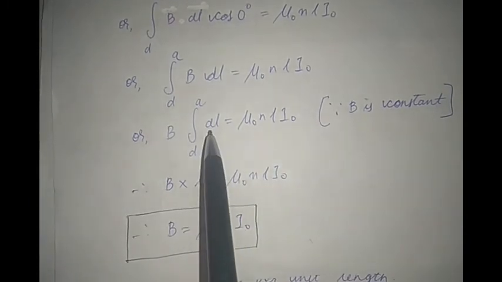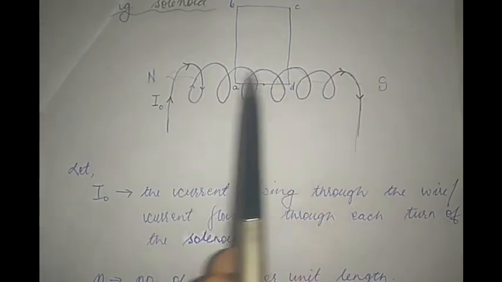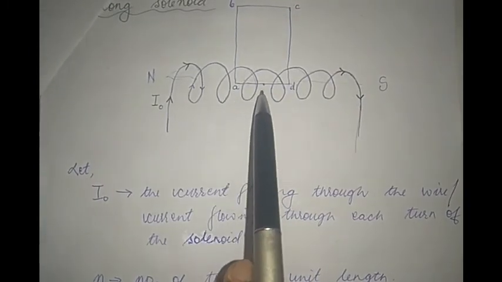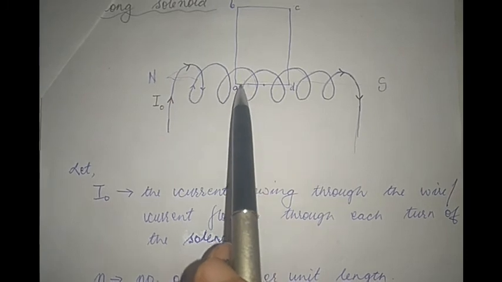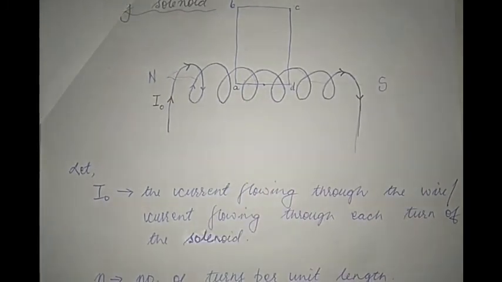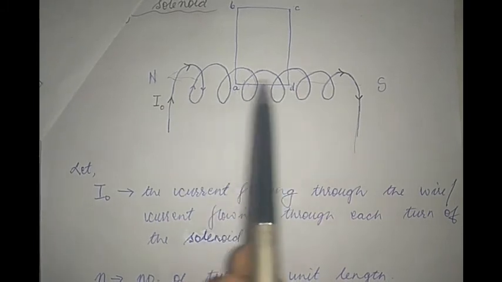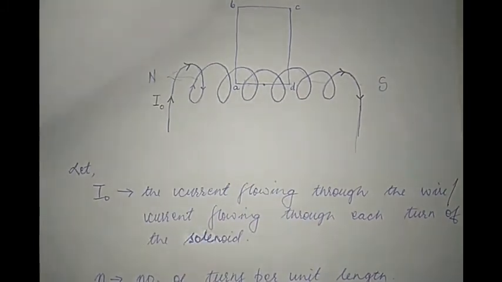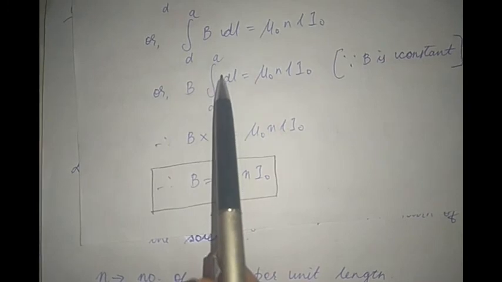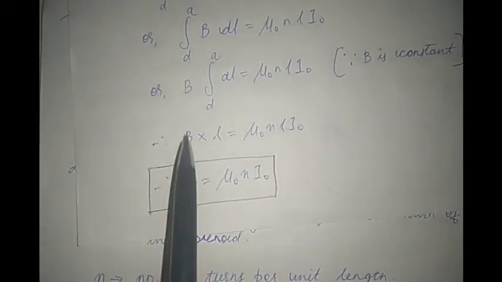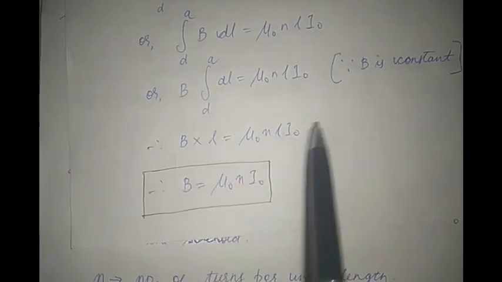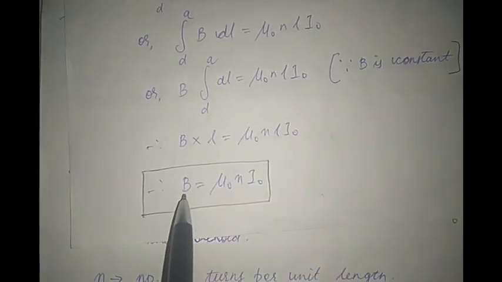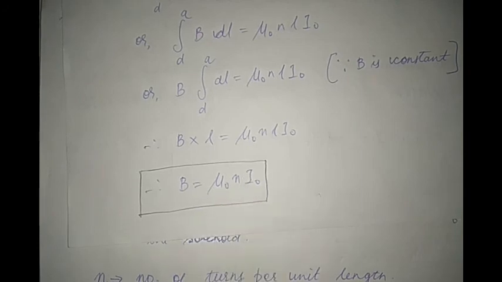Now the integration of dl along this line dA is simply equal to L, because when we integrate small dls along this line, we are finally going to get the length AD or dA, which is L. So therefore integration of dl over dA is going to give us L. So B into L becomes this much. Now L divides out, because of which we get the magnetic field inside the solenoid to be mu naught N I naught.